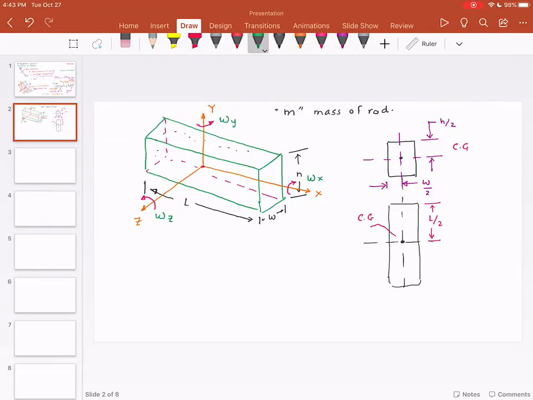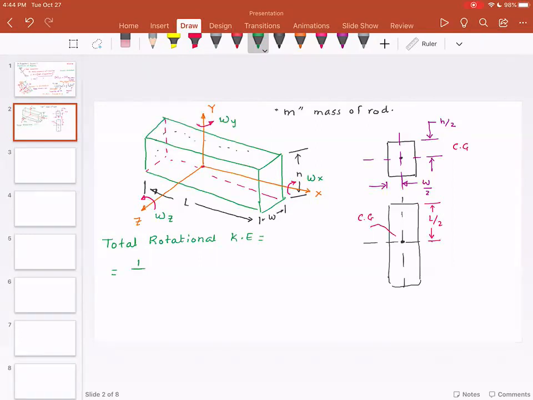What I want to do is find out the total rotational kinetic energy. The expression for total rotational kinetic energy is very simple.